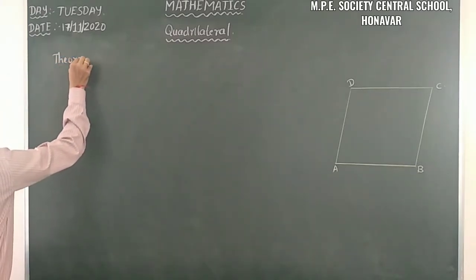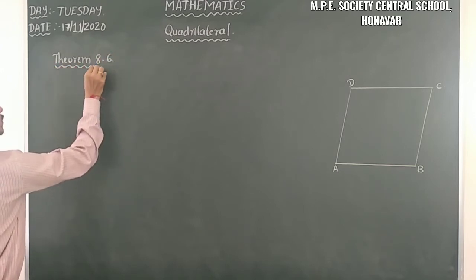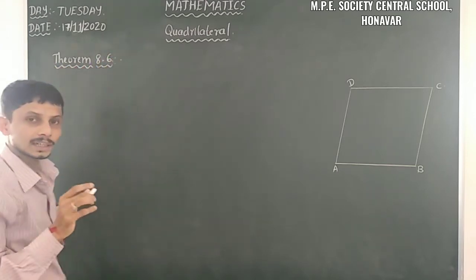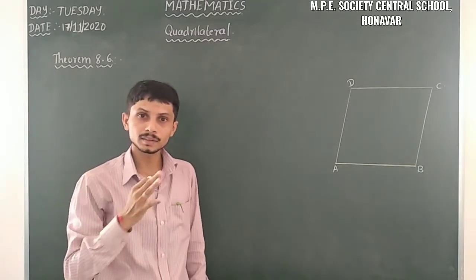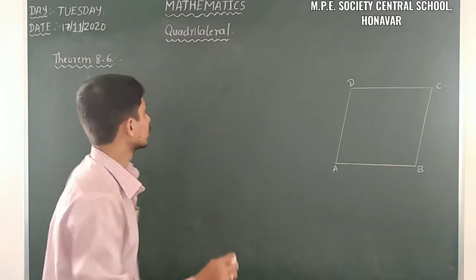Theorem 8.6. So what is the statement of theorem 8.6 here? The diagonals of a parallelogram bisect each other.